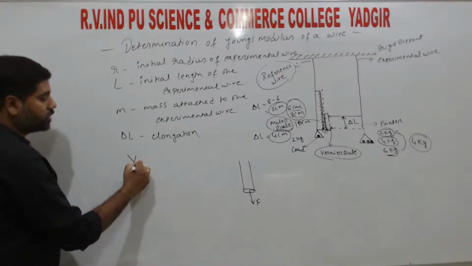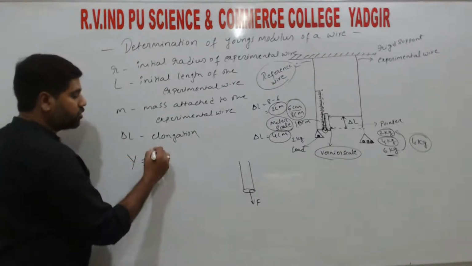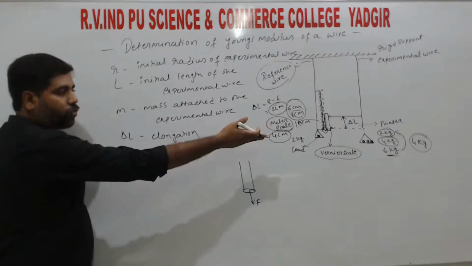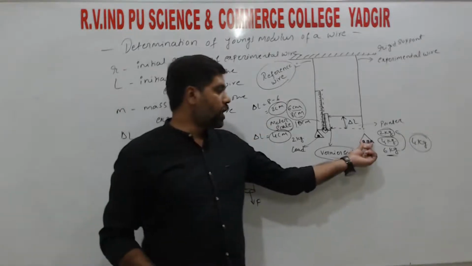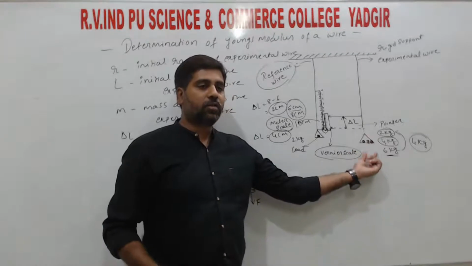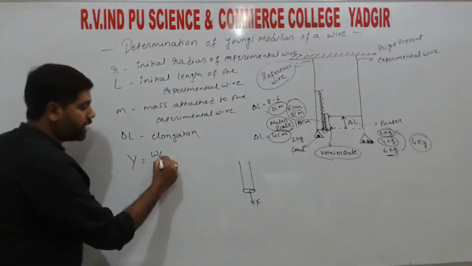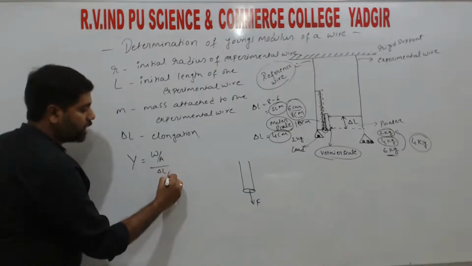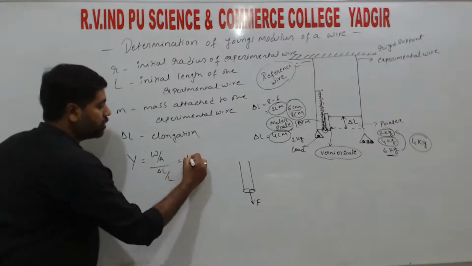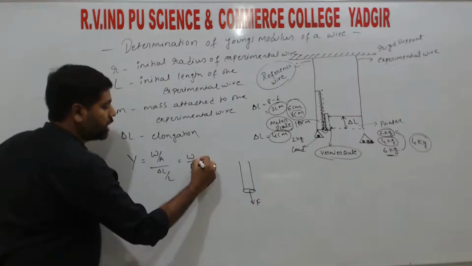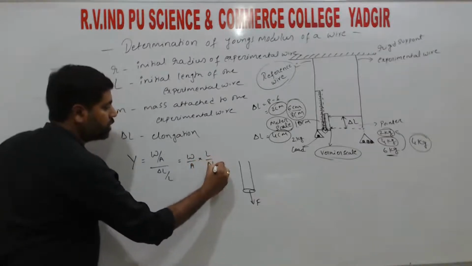So from the definition, Young's modulus Y is equal to stress by strain. So force, here we are applying mass, it always acts downward, so that we take as weight. So weight is equal to force, so W divided by A whole divided by delta L by L. So again the same relation, W by A into L divided by delta L, right?